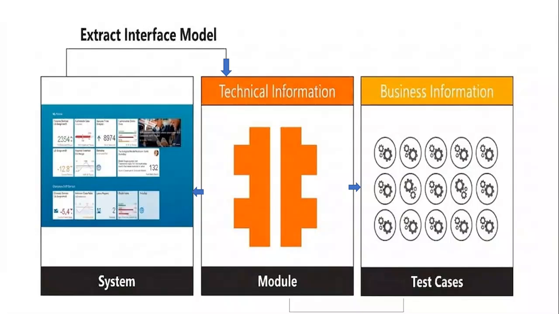This module we can further push into the test case section. There are different sections in Tosca. This module will be pushed into the test case, and one module will create one particular test step in the overall test case. Here we are trying to showcase there are around 15 test steps in this test case.